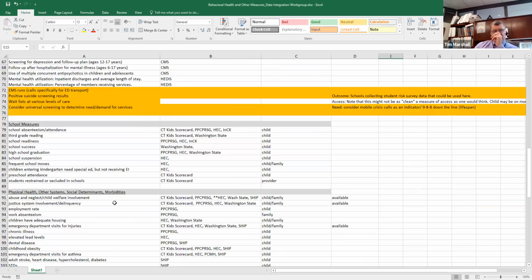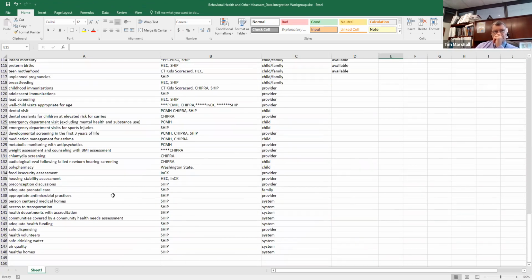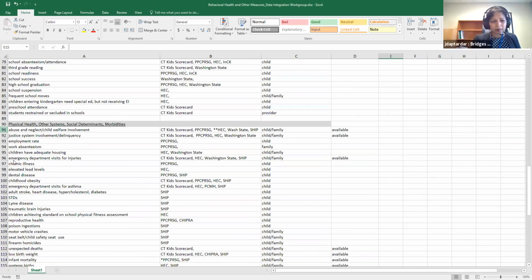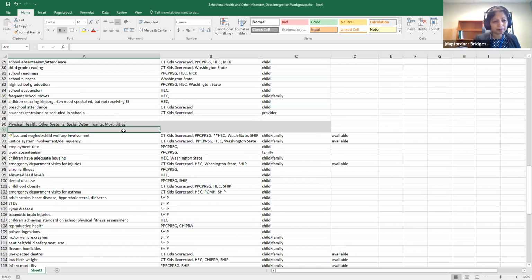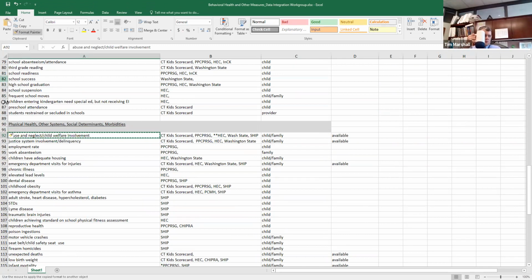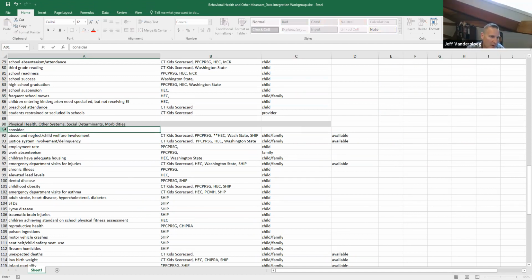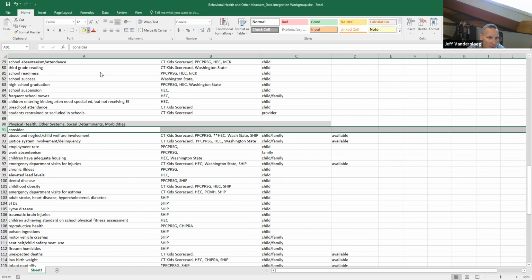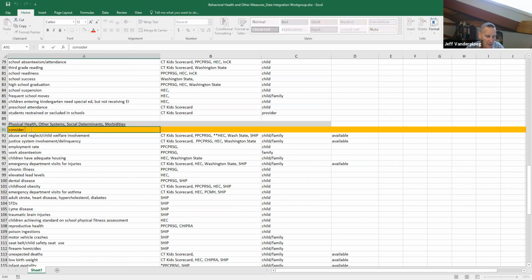Maybe a handful of the medical integration. Okay, so I'm going to put that here as a new item, in orange: consider physical health comorbidities, comorbid with behavioral health conditions.